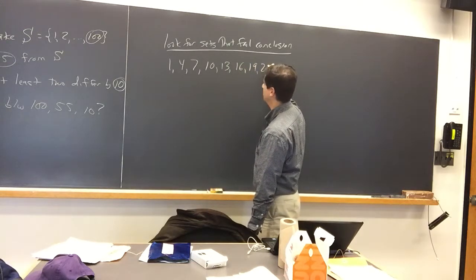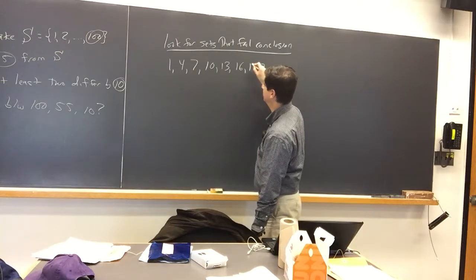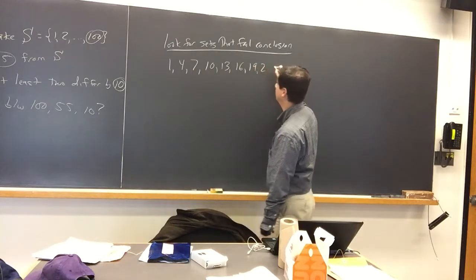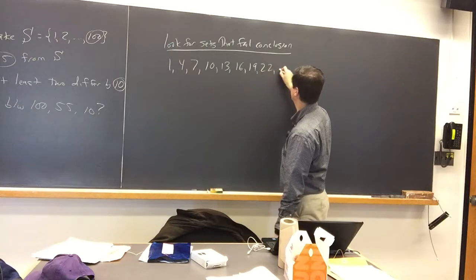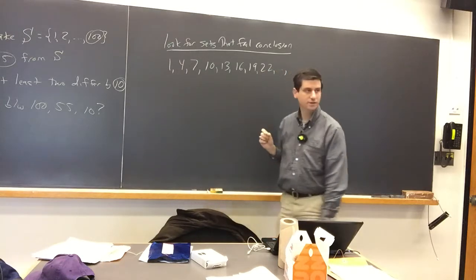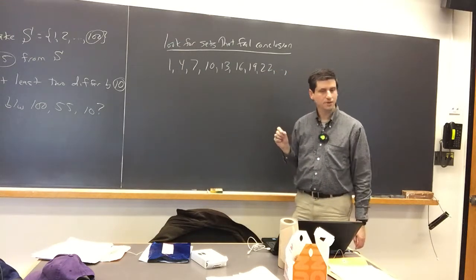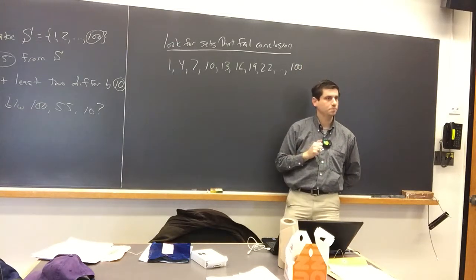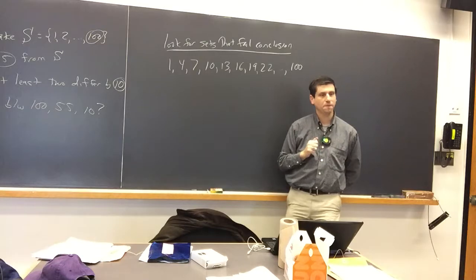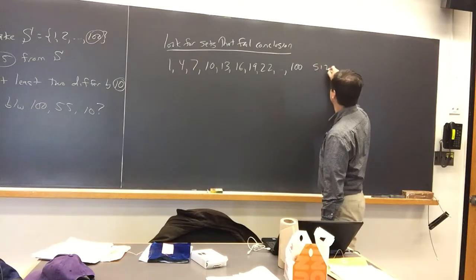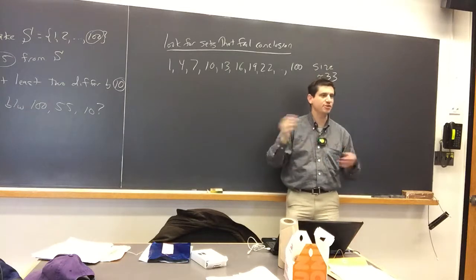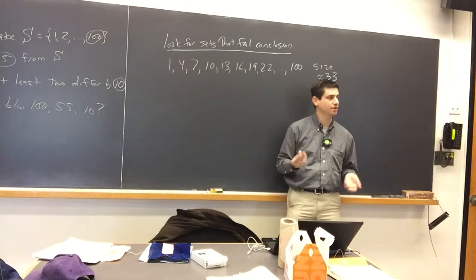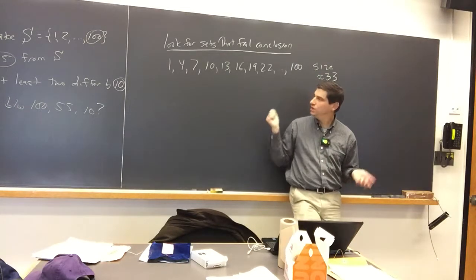Wait a minute, am I making a mistake? No, I'm fine. 22, ... and I would end with 100. So how many elements does this have? So size is approximately 33. I don't care if it's 33 or 34 or 32. It's around 33.